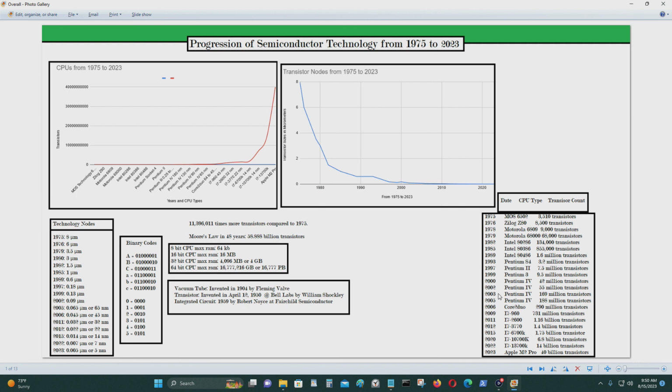And today we're going to start out in 1975. The technology of computers is based on how small you can make the transistors and how many you could fit into a semiconductor chip. So we have something called technology nodes, which is how thin the transistors are in diameter.